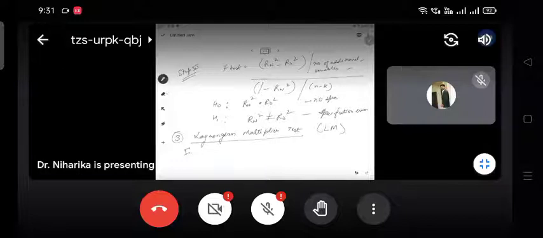So step 1, regress this model y i equals to beta 1 cap plus beta 2 cap x i plus mu i cap, and calculate the residual term, that is mu i cap.